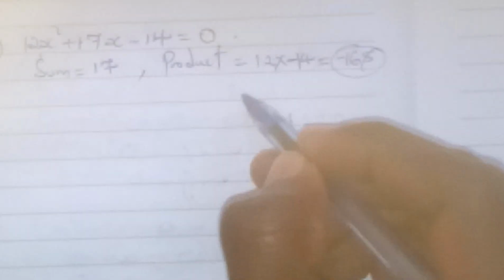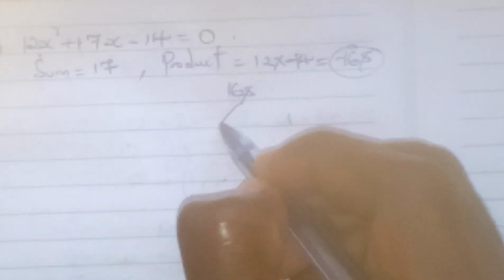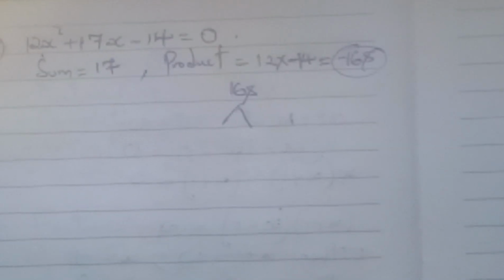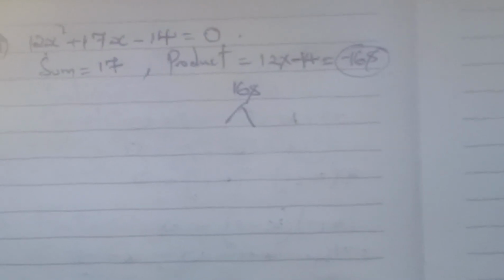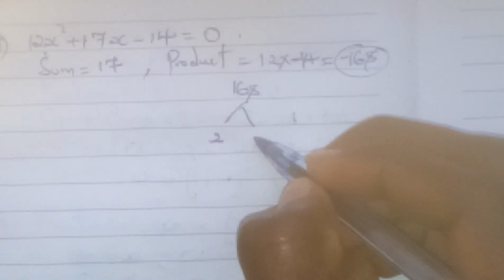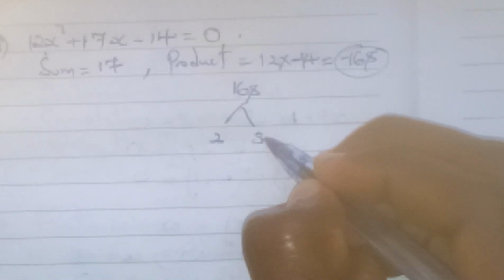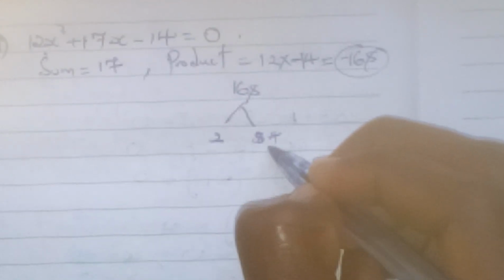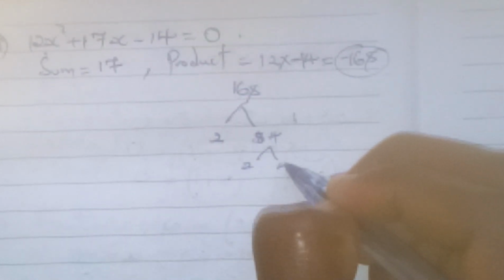So let's explore 168. Let's try to get its factors. Divide by 2, we're going to have 84. Divided by 2, we're going to have 42.